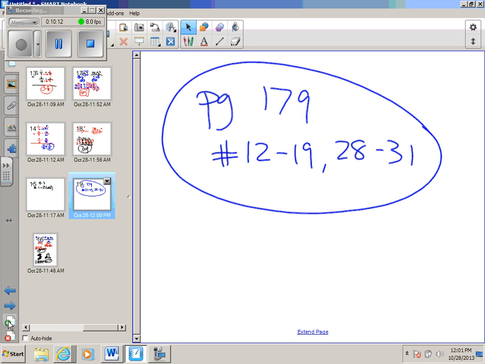Which part? You find the GCF of them numerically, the number-wise, and then from there you just spread everything else out. So if you're looking at 179, you've got the 18 and the 4.